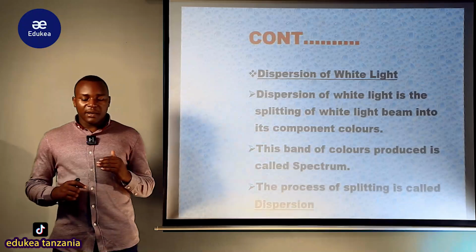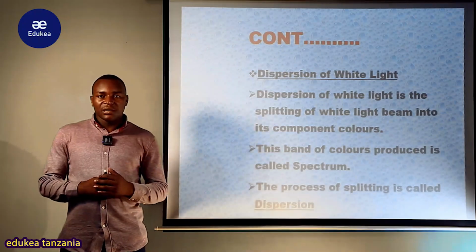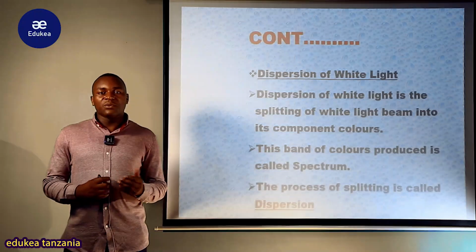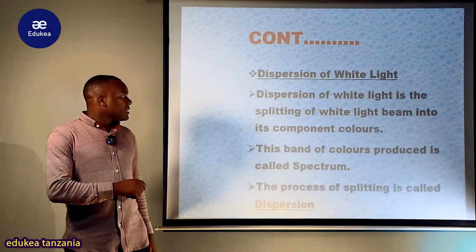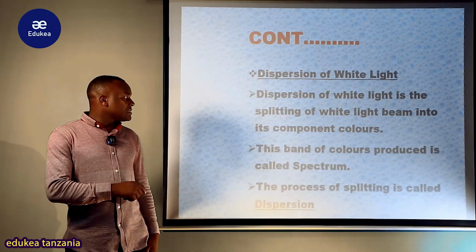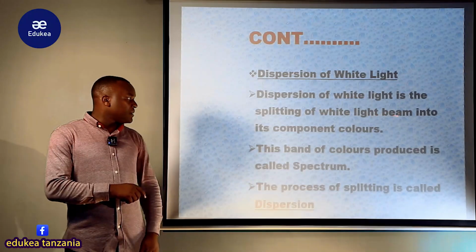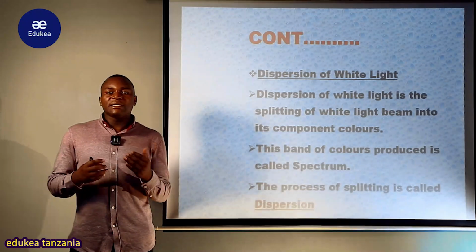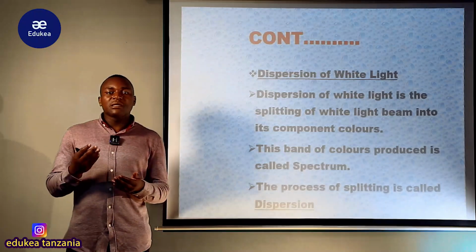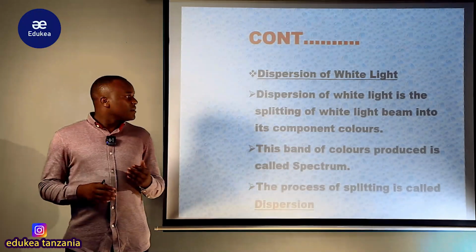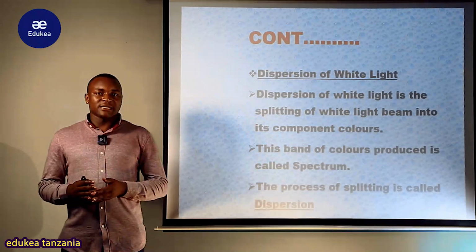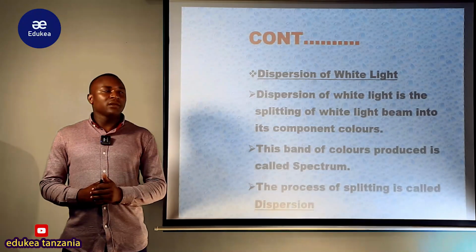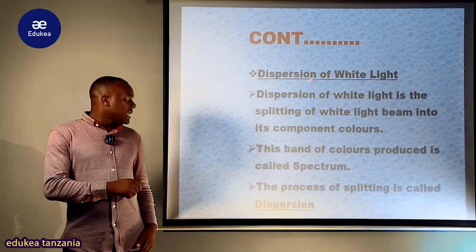Kwamba tunaposema kwamba kuna dispersion tunamaanisha nini, au tunapozungumzia dispersion of white light, what does it mean? We say that dispersion of white light is the splitting of white light beam into its component colors. Kwamba unapo split ile white light into its component colors na ukazipata zile colors, tunasema kumetokea dispersion of white light.